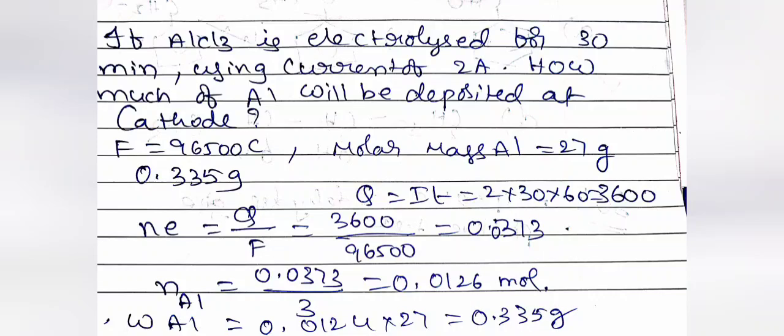Therefore, number of moles of aluminum will be 0.0126. If those moles are converted to weight, the weight of aluminum that gets deposited during the electrolysis will be nothing but 0.335 grams. It's 335 milligrams, right?